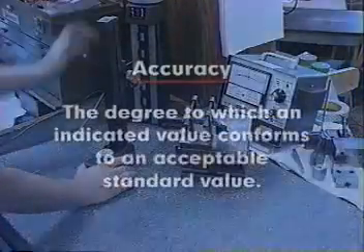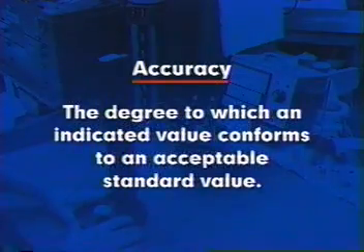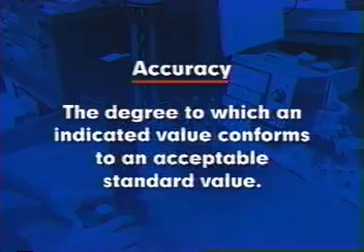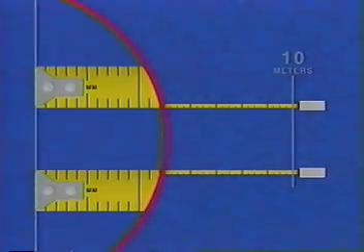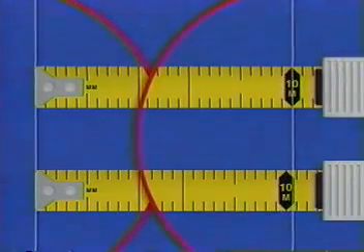Accuracy is defined as the degree to which an indicated value conforms to an acceptable standard value. For example, two tape measures may both have the same resolution or graduation, in this case millimeters. However, if these tape measures are not equally accurate, their differences become more noticeable at greater lengths.